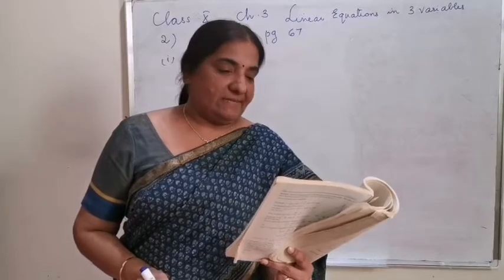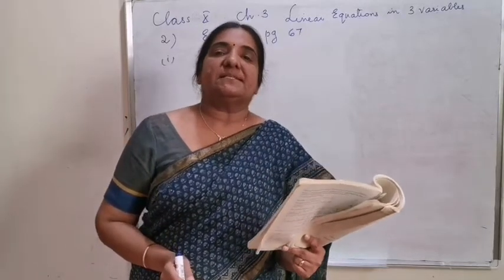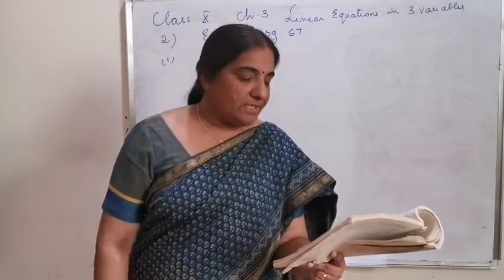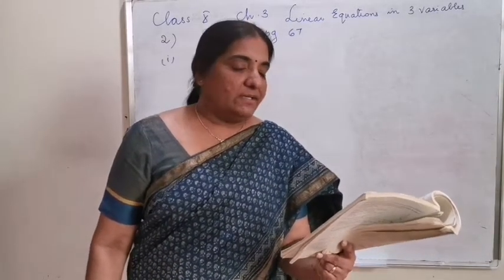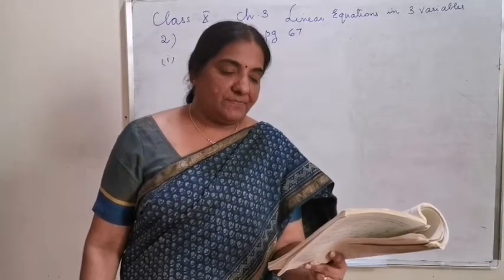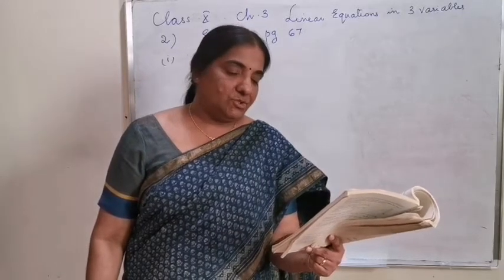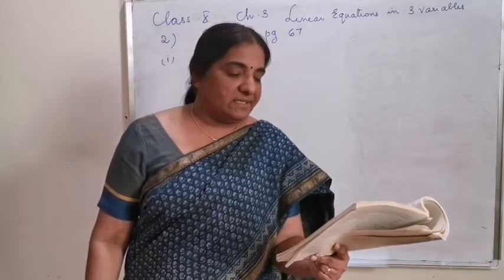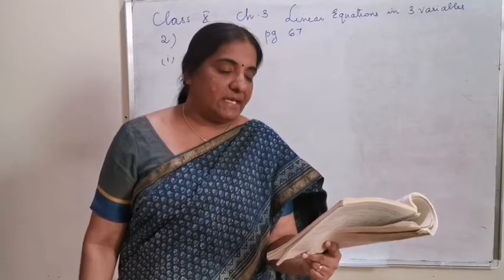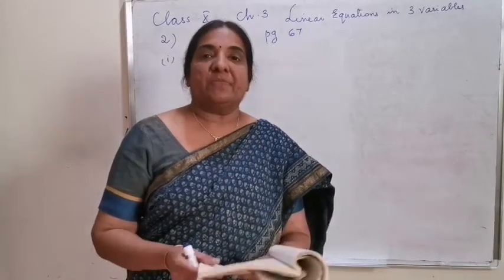Page 67, exercise 3.6, question number 2, first subdivision. Ritu can row downstream 20 km in 2 hours and upstream 4 km in 2 hours. Find her speed of rowing in still water and the speed of the current.